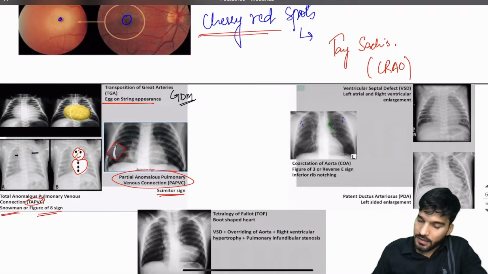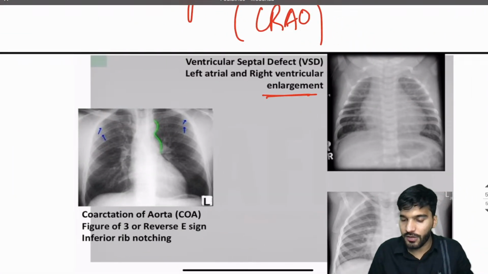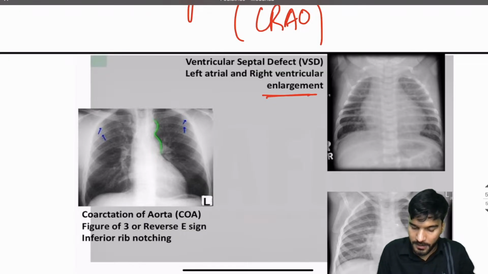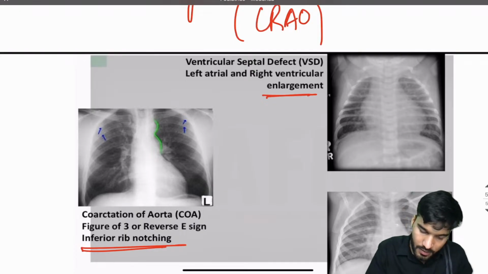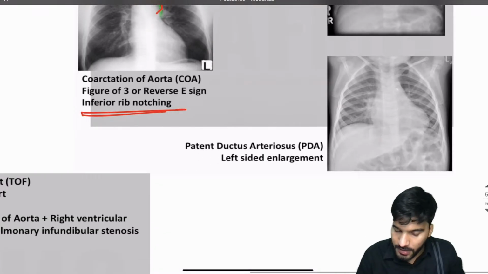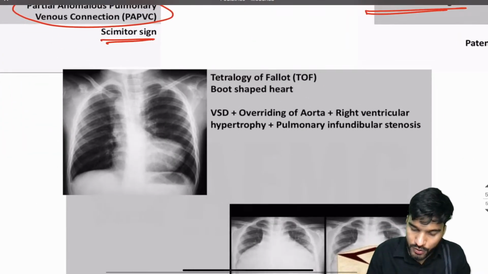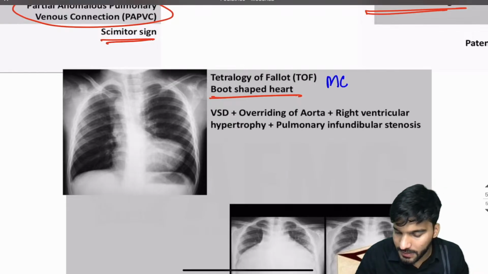Then we have VSD, ventricular septal defect, with left and right ventricular enlargement. We have coarctation of aorta, COA, figure of 3 or reverse 3 sign, with inferior rib notching. Then we have a boot-shaped heart in Tetralogy of Fallot, the most common cyanotic heart disease.